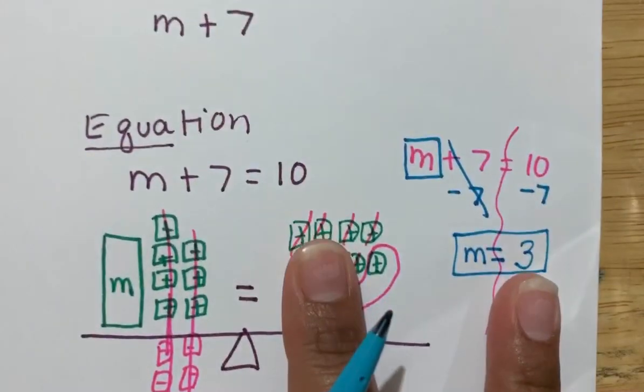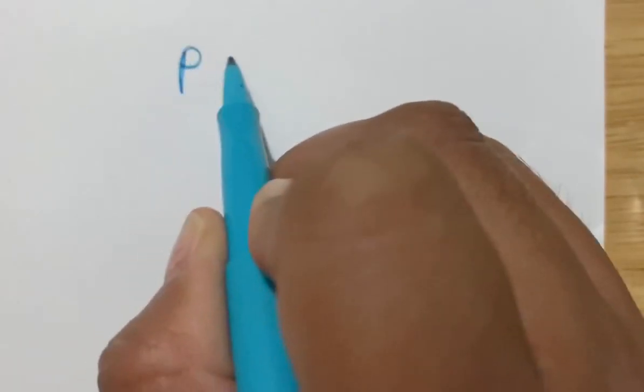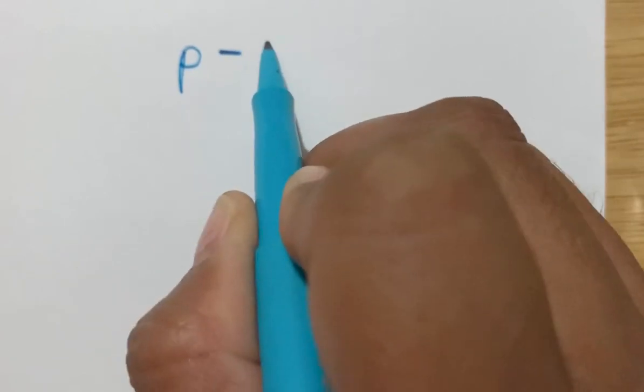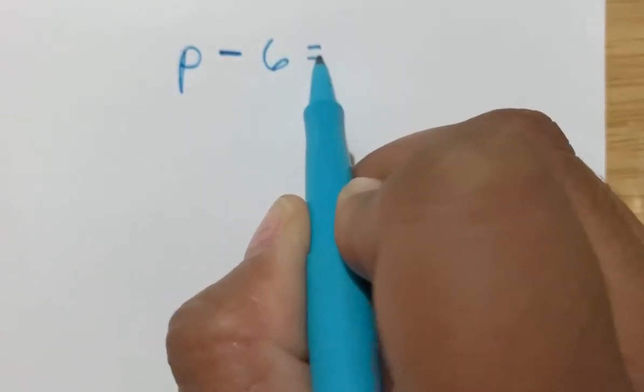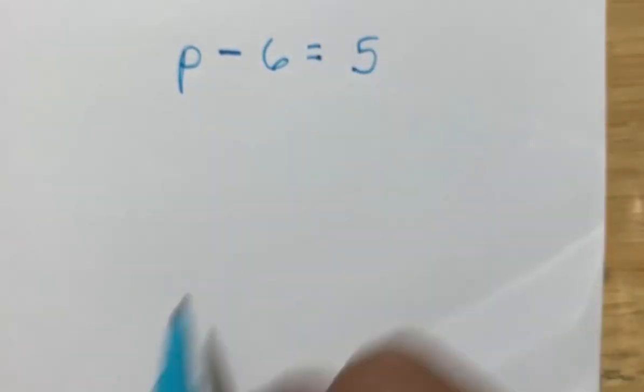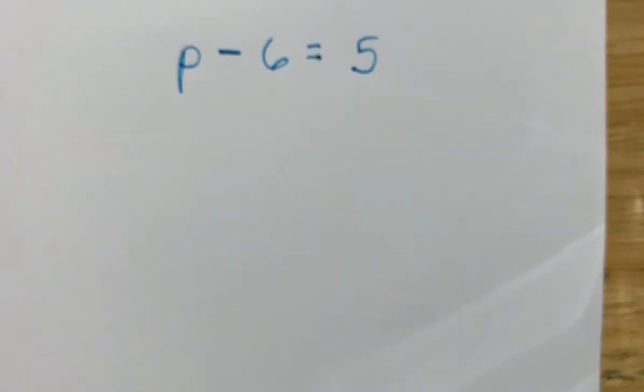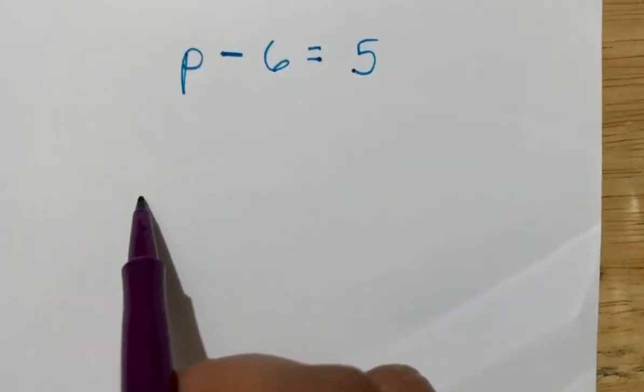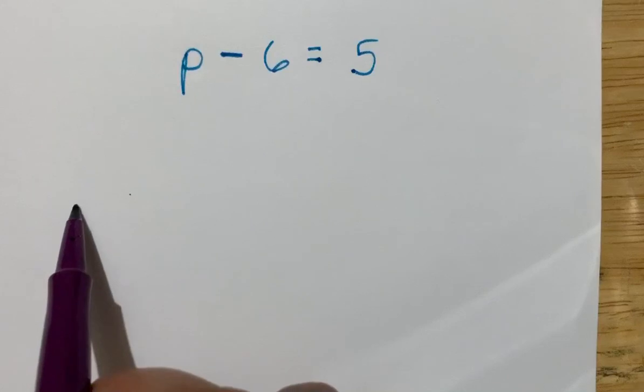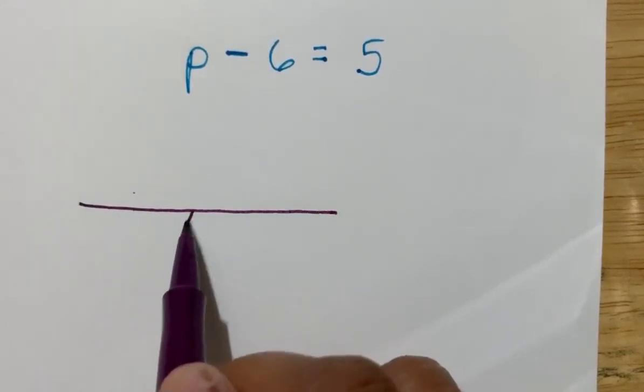So let me go ahead and do a subtraction example real quick. So with subtraction, okay, let's say I have P minus 6 equals 5. Okay, and I'm going to show you again using a model and algebraically how to solve it. So here's my balance beam.